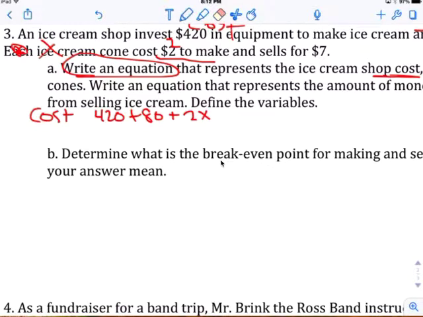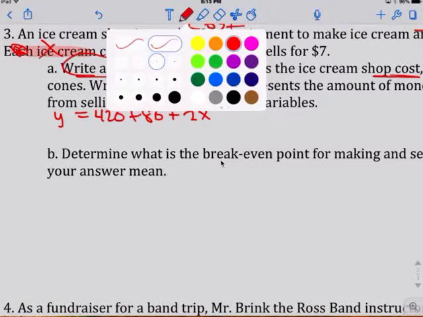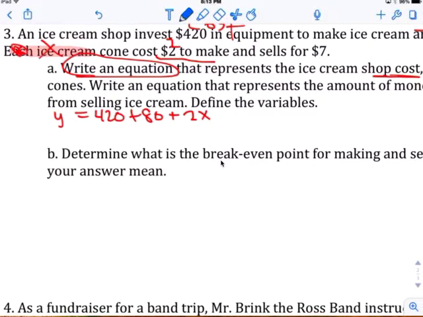So let's replace the word cost with Y. Y then is... X is the number of ice cream, right? Each ice cream. So I'll put it in blue. X is the number of ice cream cones.